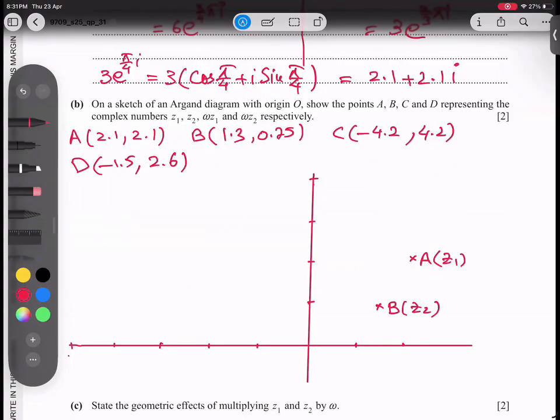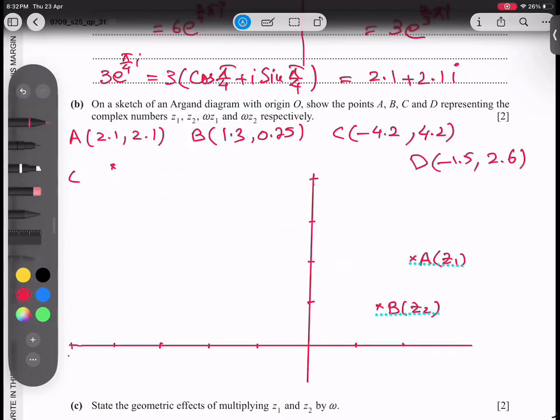This is clear. Let's talk about C. Negative 4.2: negative 4 is 1, 2, 3, 4, and above here 1, 2, 3, 4. So basically it is somewhere here. I'm marking it approximately here and writing C in a bracket.